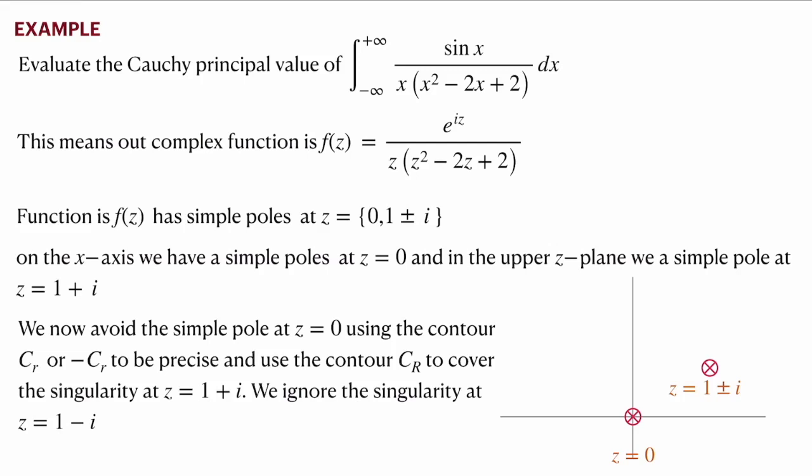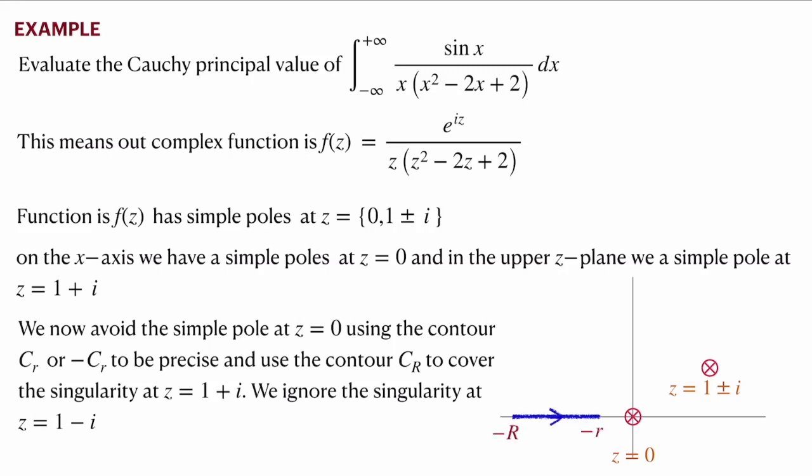Now we avoid the simple pole at z is equal to 0 using the contour C r, or minus C r, because we are going in the negative direction, and then we cover the singularity at z is equal to 1 plus i using the contour C capital R, and we ignore the singularity at z is equal to 1 minus i.